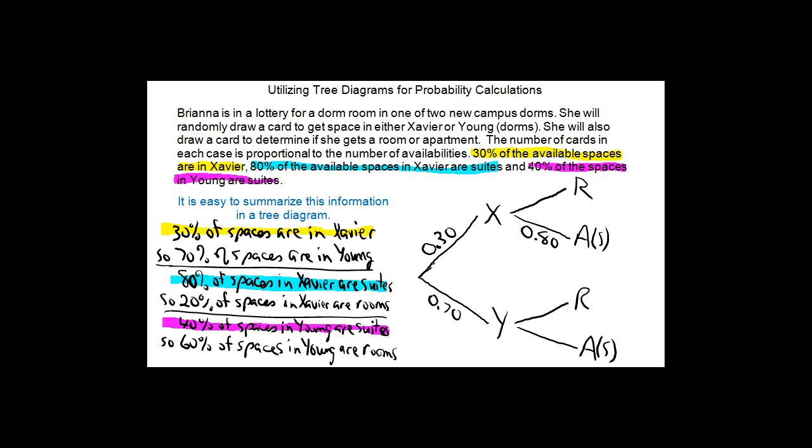That means that 20% are rooms. If you get Young, 40% of the spaces are suites, or A for apartment as I've written it, which means the other 60% are just rooms. So just to stay with my notation, I used A for suites, which we'll say means apartments actually, and I used R for rooms.